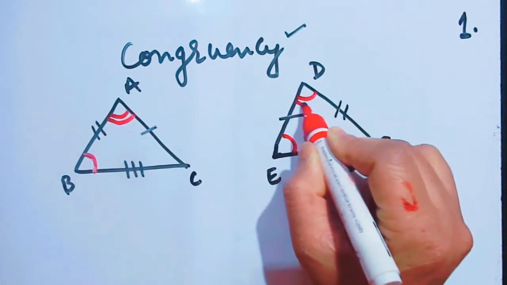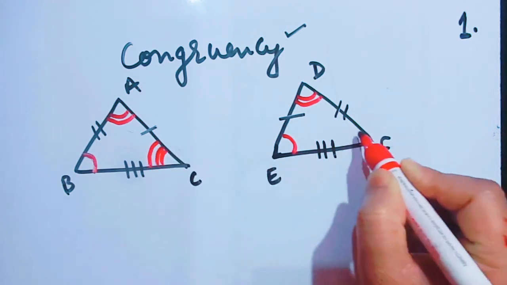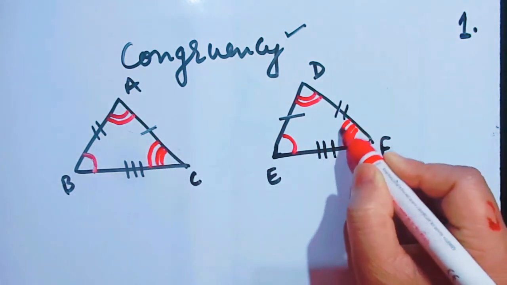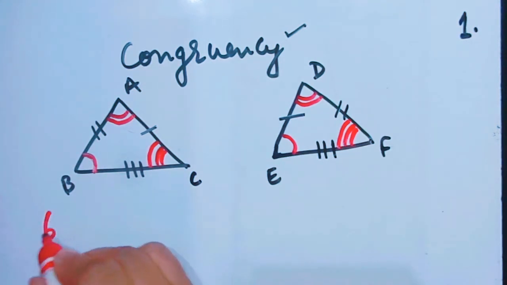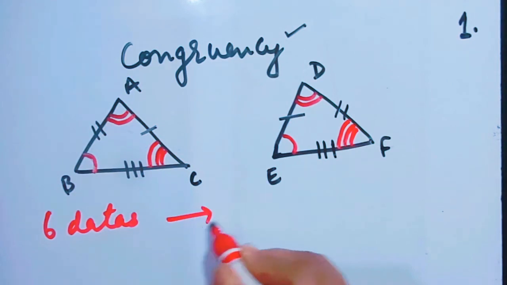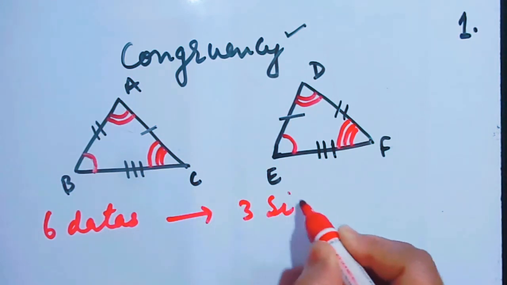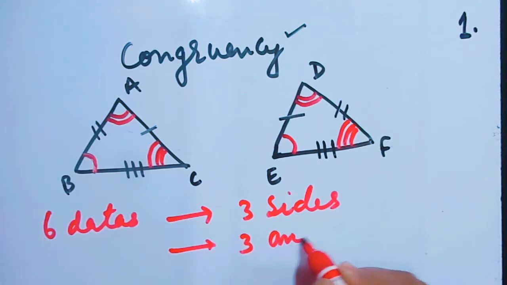This means that we actually have 6 data. Okay, 6 data means we have 3 sides and we have 3 angles.